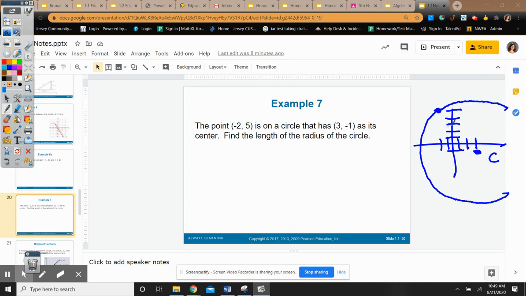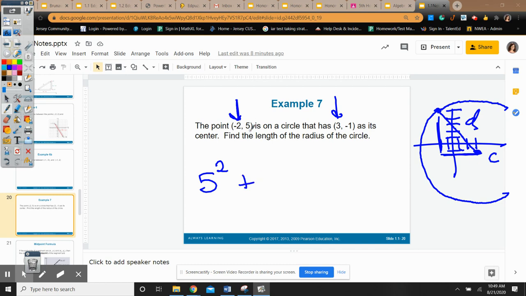Okay. So they want to know what the radius is. So they're asking just what is the distance from the center to that point. So again, you can use Pythagorean theorem. You could draw in the right triangle, or you could just ask yourself, how far apart are these x values? How far apart is it from -2 to 3? They are 5 apart.